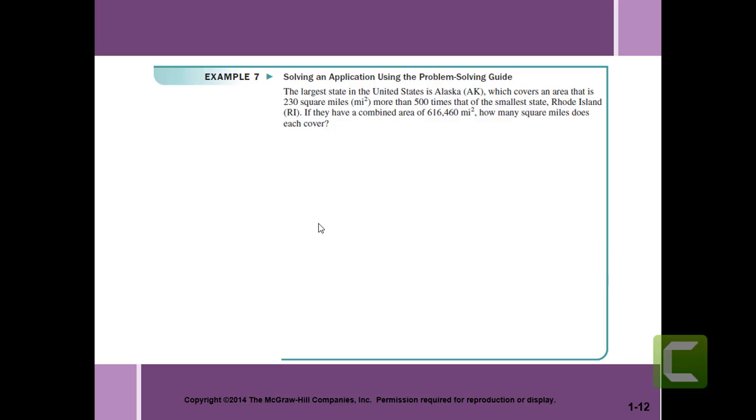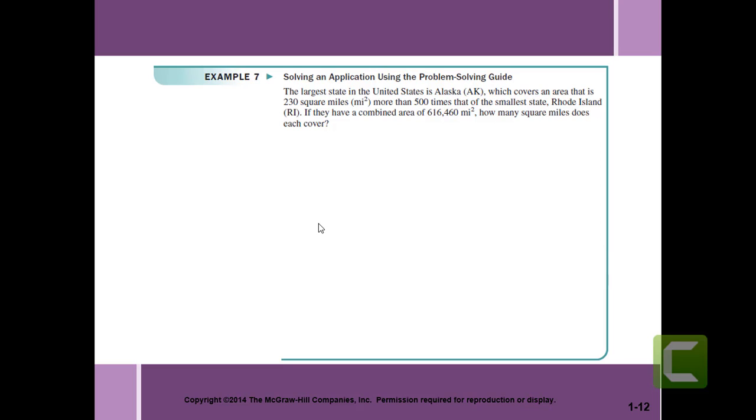Okay, so example 7: solving an application using the problem solving guide. Now here's what we have. The largest state in the United States, that's Alaska, covers an area that is 230 square miles more than 500 times that of the smallest state, Rhode Island.